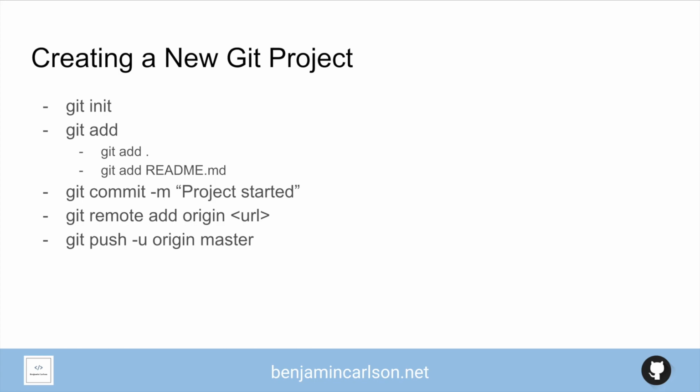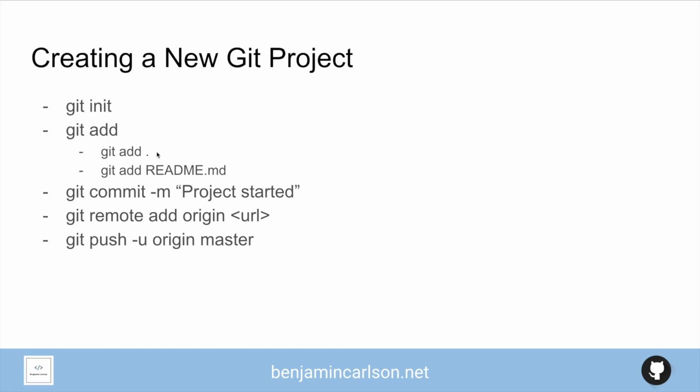So for example, if you want to add a single file named readme.markdown, you would use the command git add readme.markdown. But more often than not, if you are adding an entire project or a bunch of files, you can simply use git add dot, and this will add all of the files and folders in your project to the tracking.